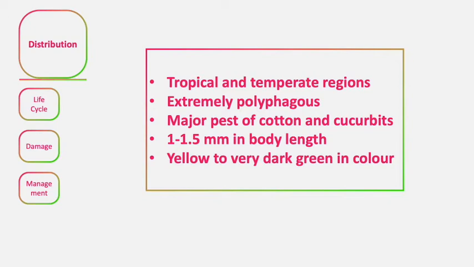Adults range from just under 1 to 1.5 millimeter in body length. The minimum diameter is just over 0.34 millimeter. This is indicated by the fact that a screen with a mesh diameter of under 0.34 millimeter is able to exclude aphid.